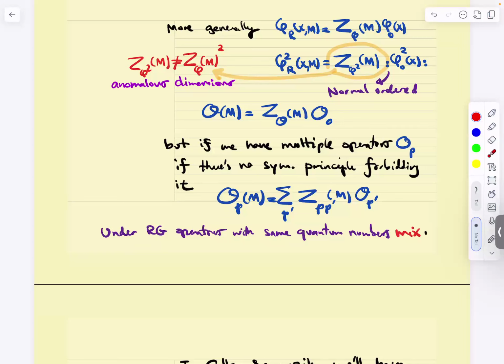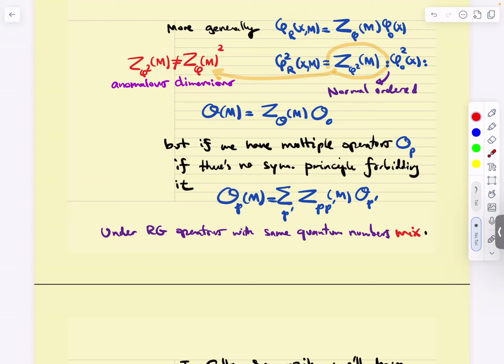Now there's something funny happening. So far we've been writing things like this. We've been saying that every field phi I at scale m will have its own wave function renormalization, phi I 0.